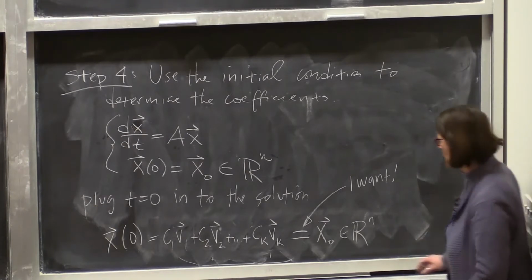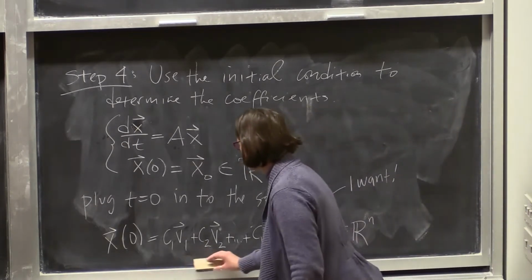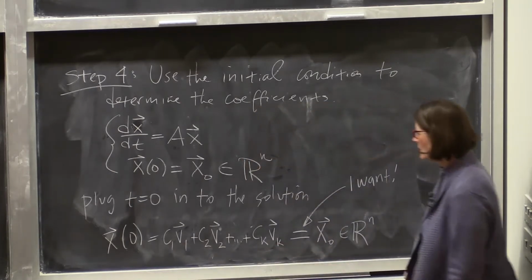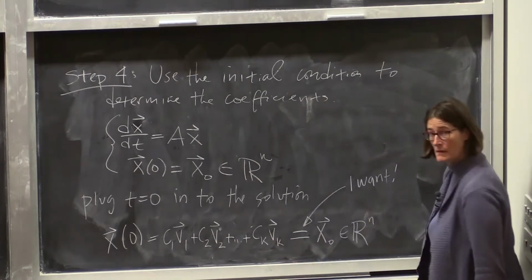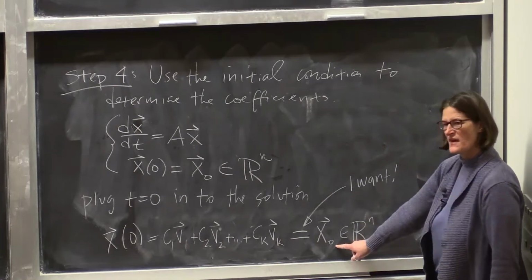So here you have to wonder for a little bit. These are eigenvectors. And this is some arbitrary vector in Rn.